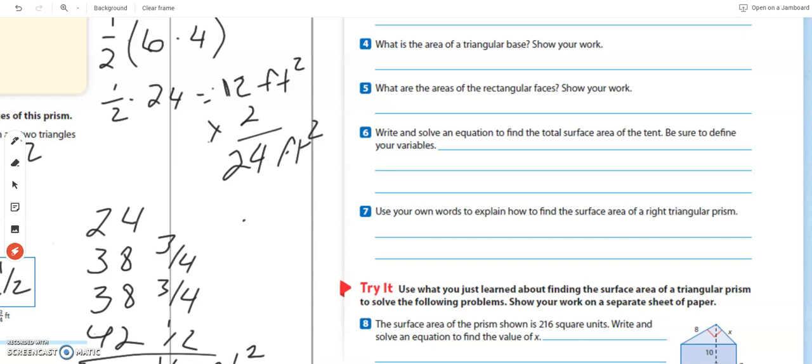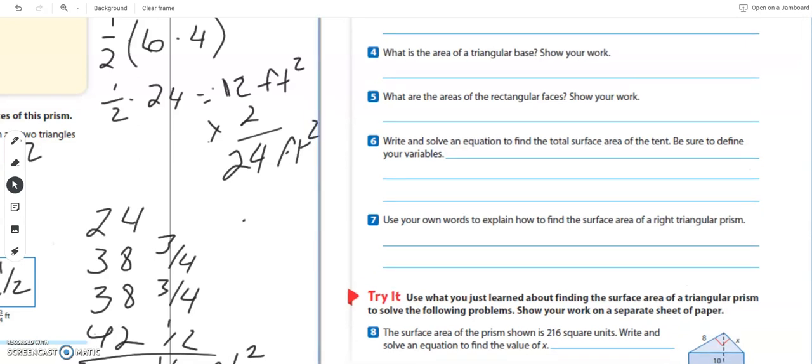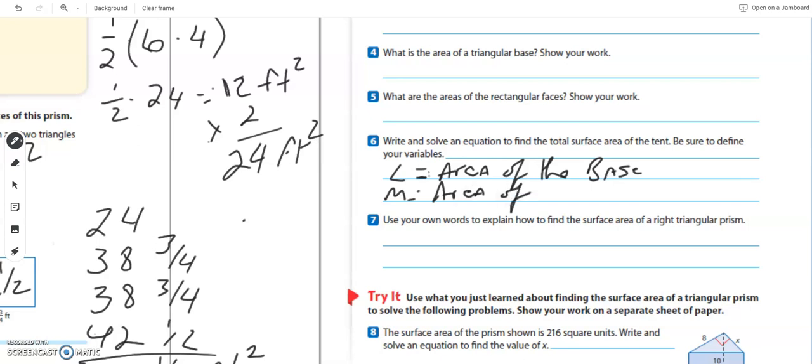And an equation to find the total surface area. So if we wanted to write out an equation, we could say, with the pen instead, that L equals the area of the base, M equals the area of the bottom, and N equals the area of the side.